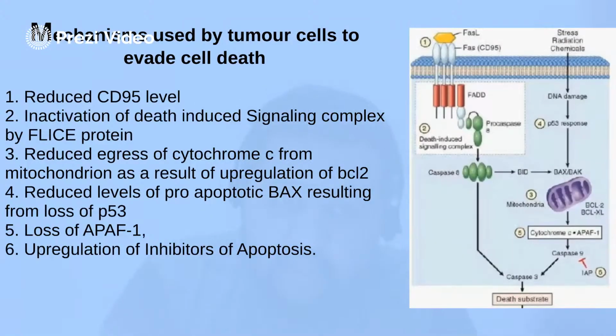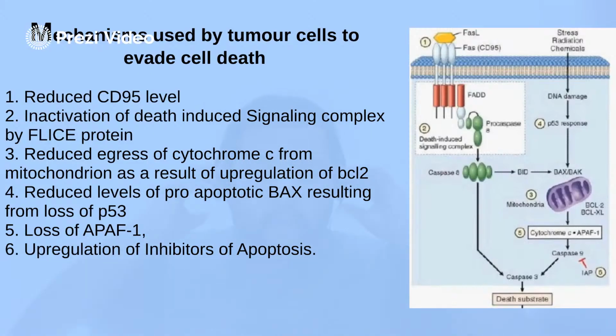Thirdly, they can reduce the release of cytochrome c from the mitochondria by upregulating BCL2, because BCL2 is generally present and is an anti-apoptotic protein or gene.